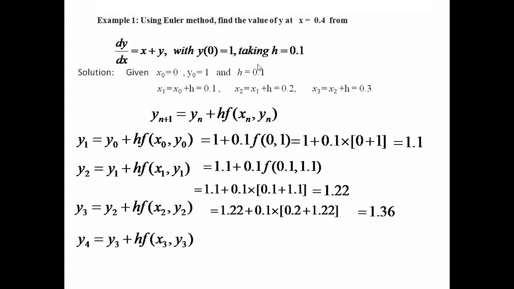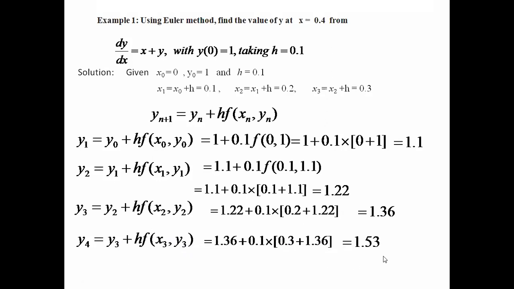So next we need the solution at 0.4. That means x4. x4 is nothing but x3 plus h, that means 0.4. So y suffix 4 is given by y3 plus h into the slope of the curve at that point. y3 is here, 1.36, plus h is 0.1. f of x comma y is defined as the sum of these coordinates, that's x3 plus y3. x3 is 1.3, y3 is 1.36.